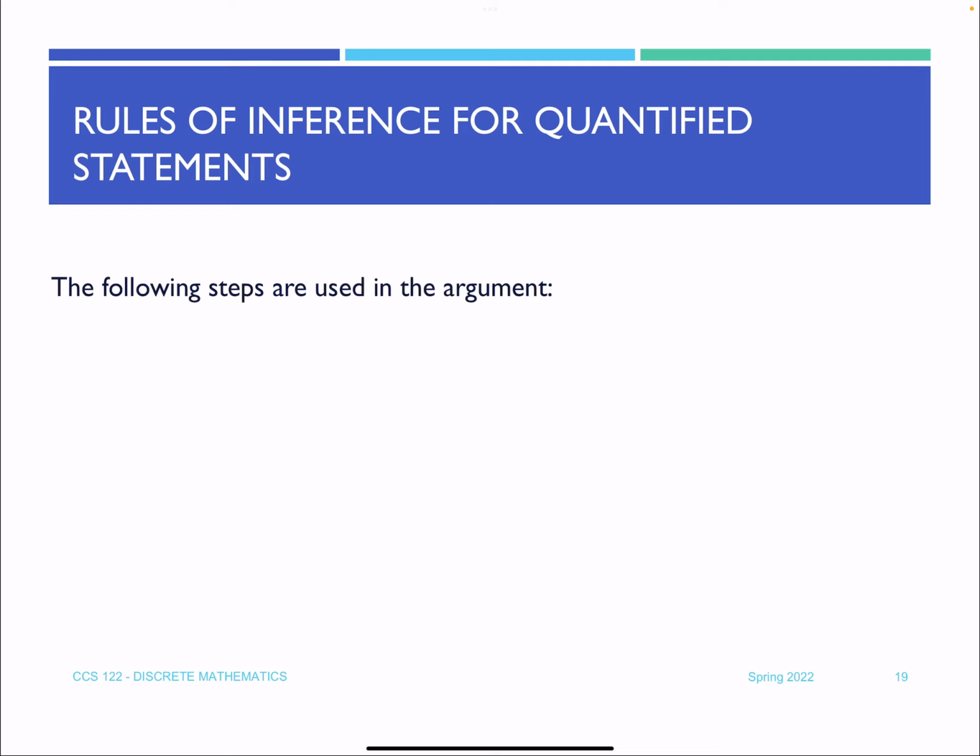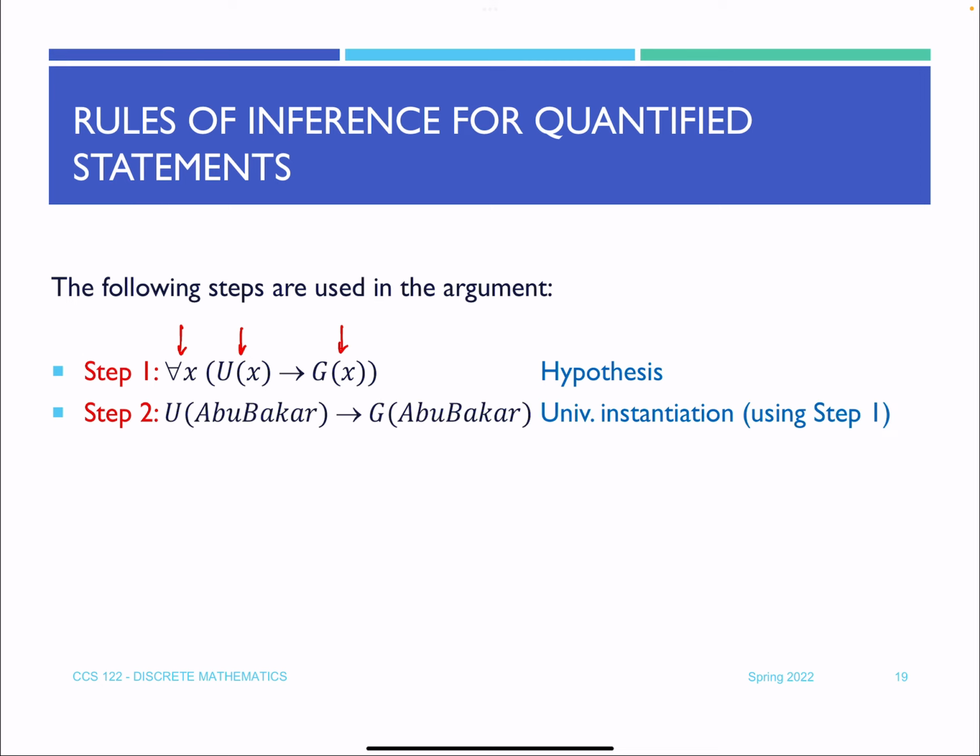Now, you can use these steps in the argument. Step one is, what was the statement again? Every UJ student is a genius, right? So for all x, meaning all possible students, if the student is a UJ student, then the student is a genius. That's the hypothesis. Step two is universal instantiation.